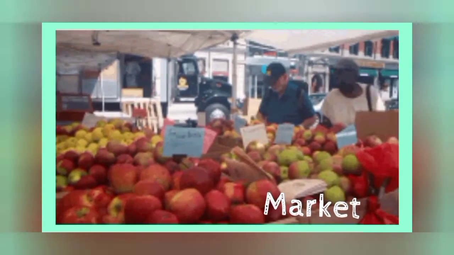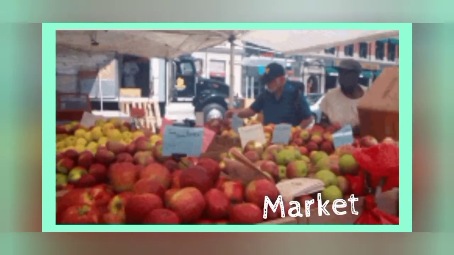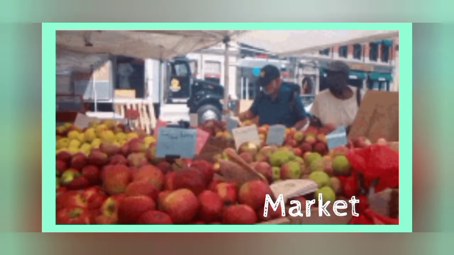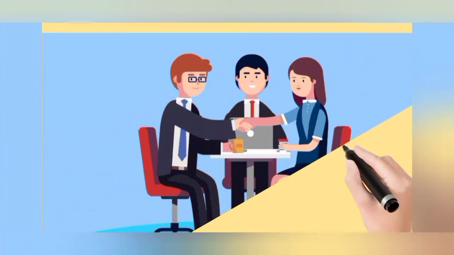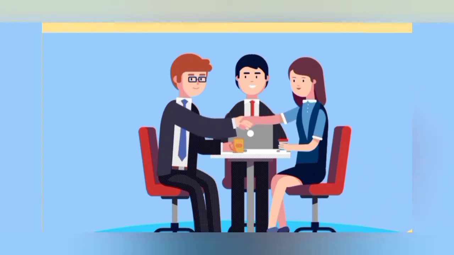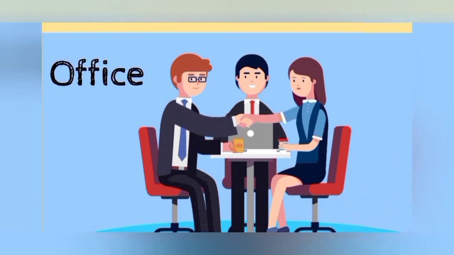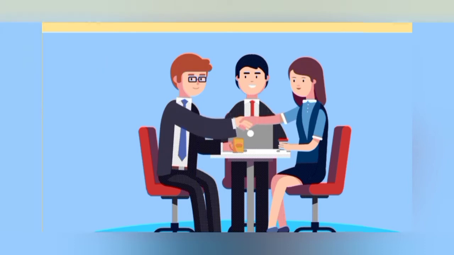Apart from the market, we could also do business in our various offices. Business is also done in the office. That is where transactions could also take place. It is also referred to as business.